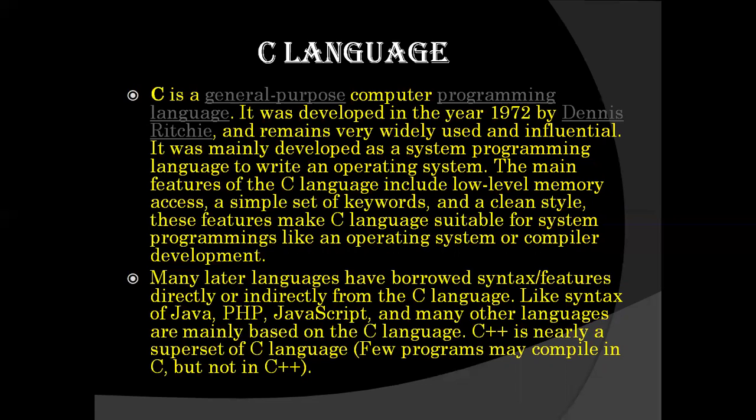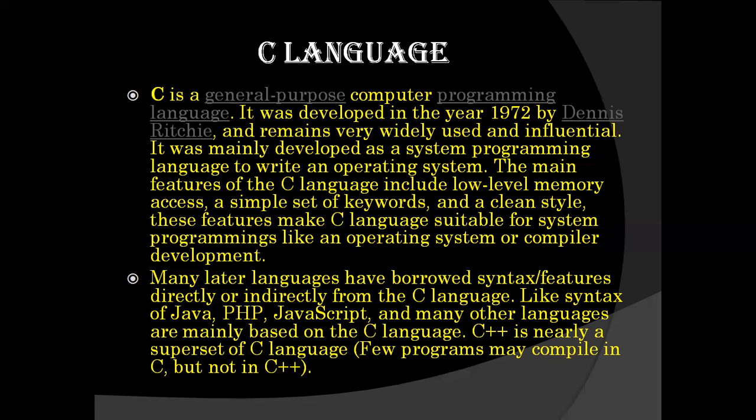It was mainly developed as a system programming language to write an operating system. The main features of the C language include low-level memory access, a simple set of keywords, and a clean style. These features make C language suitable for system programming like an operating system or compiler development. So this is about C language.